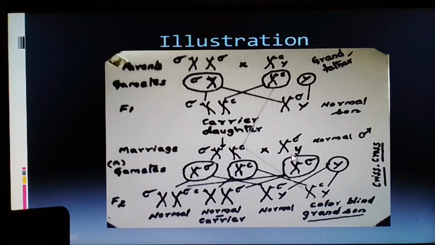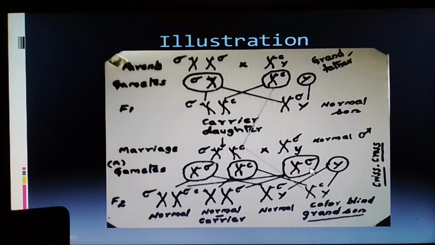Now you assume this carrier daughter marries a normal man. Normal man in the sense one X and Y, that gene is capital C. And this daughter is carrier. Because of the presence of two types of genes, capital C in one X and small c in the other X, definitely we have to see the different types of gametes: 50% of the gametes with capital C, 50% with small c.